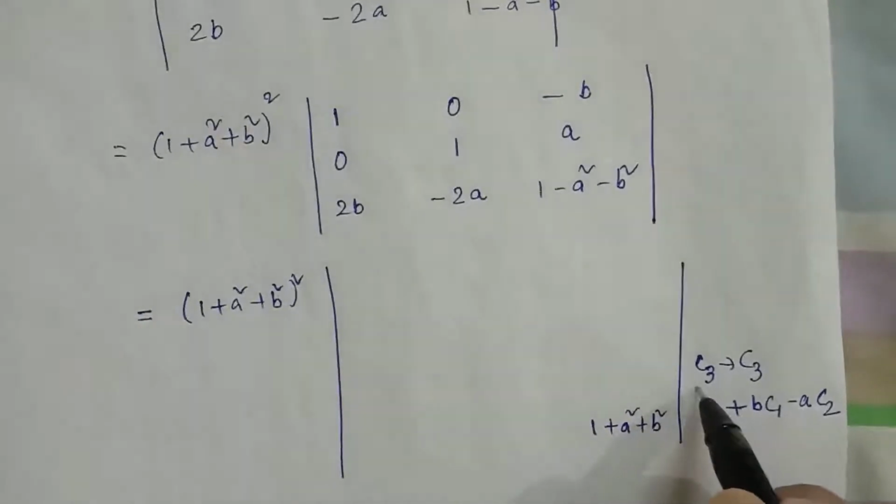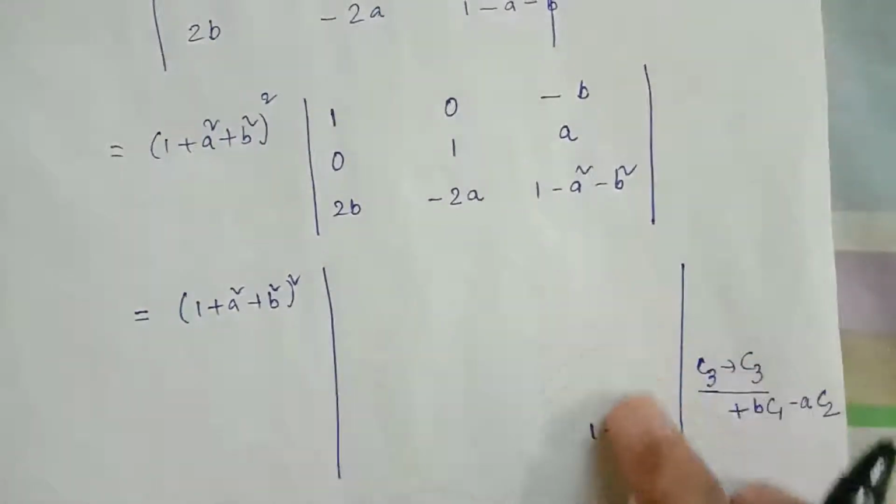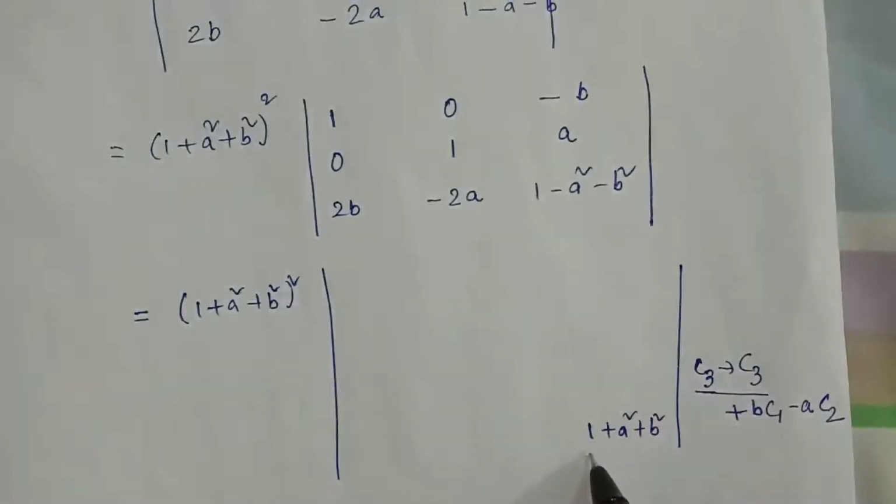You can see we are changing C3. Our C3 will be changed now. This is our C3. This will become 1 plus a square plus b square.